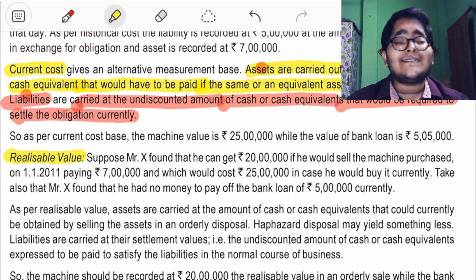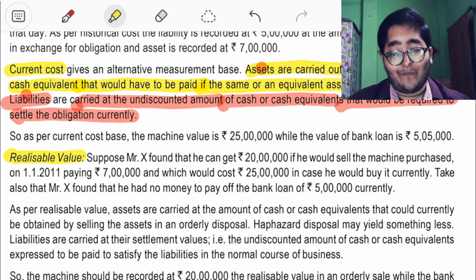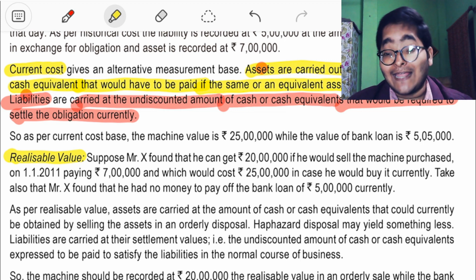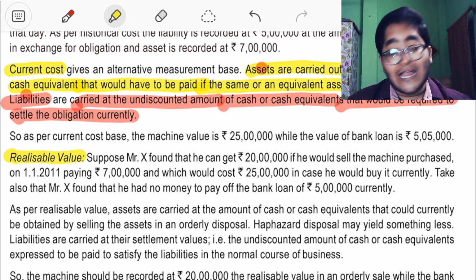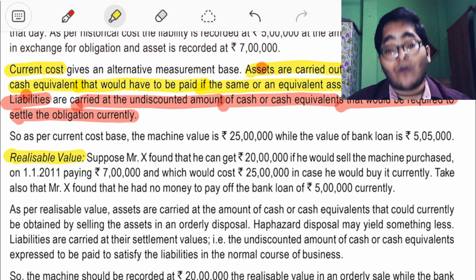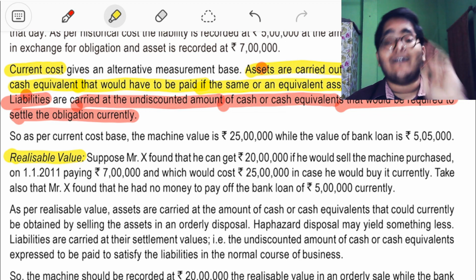Suppose Mr. X found that today if he sells that machine, he can get or recover rupees 20 lakh by selling that asset, which he purchased on 1st January 2011 by paying rupees 7 lakh, and which would cost rupees 25 lakh if he would buy it currently.